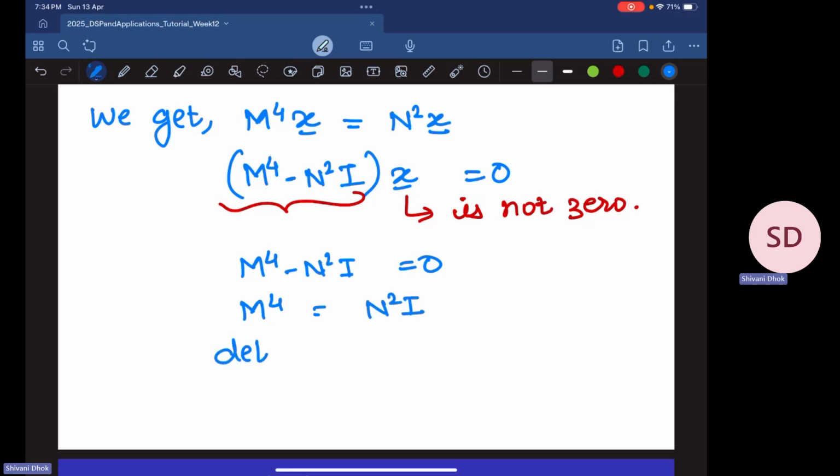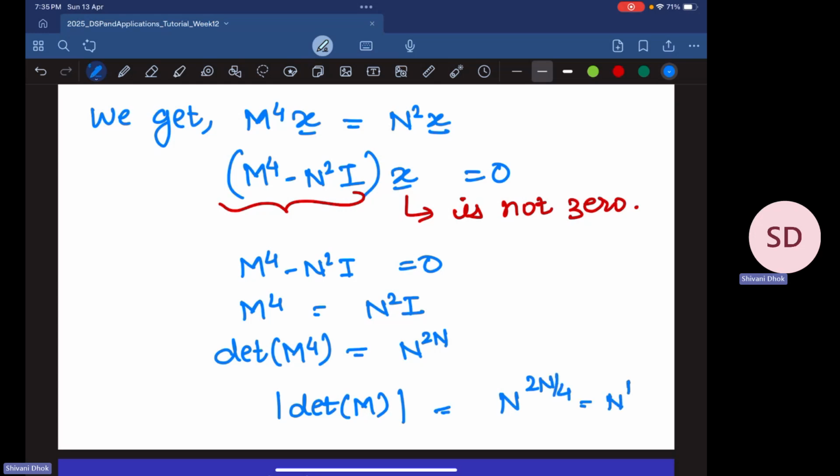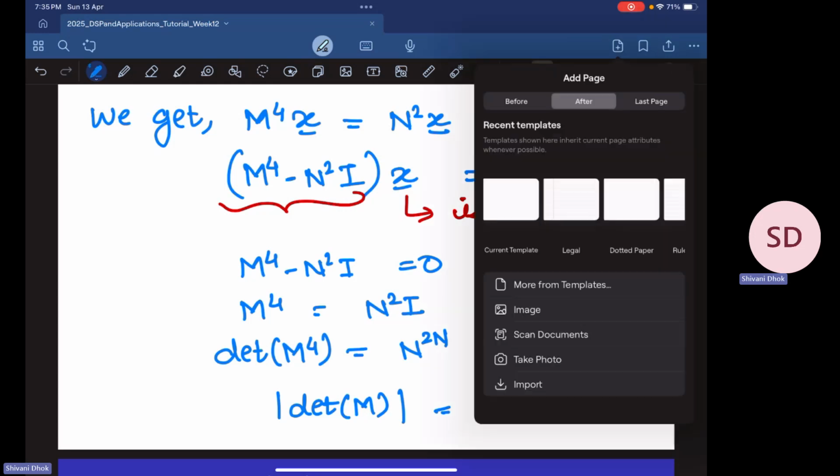So the determinant of m to the power 4 is equal to n to the power 2n. Therefore the magnitude of the determinant of m is equal to n to the power 2n by 4. So that is equal to n to the power n by 2.